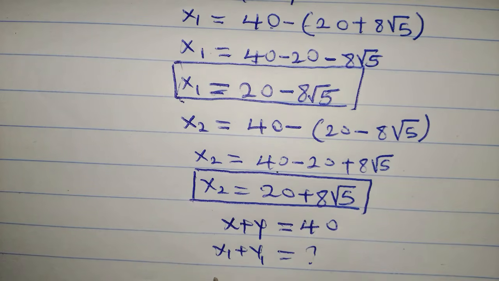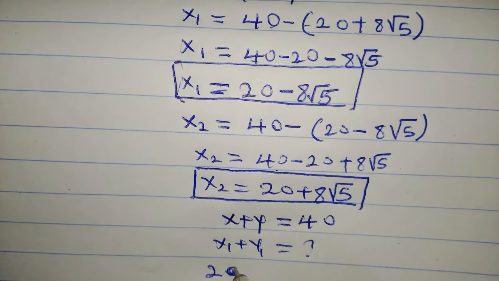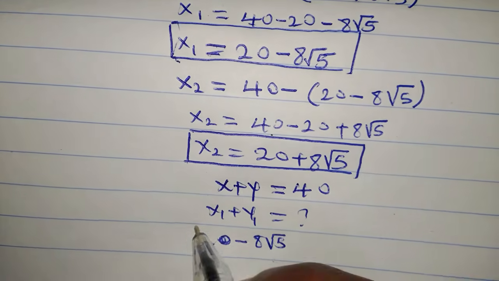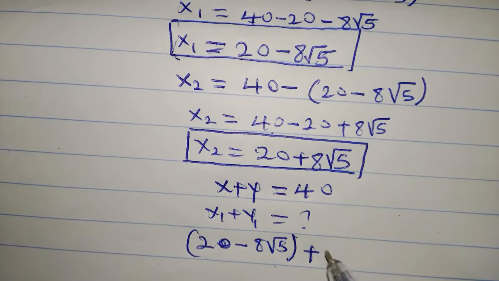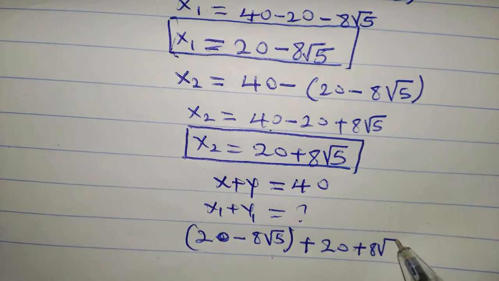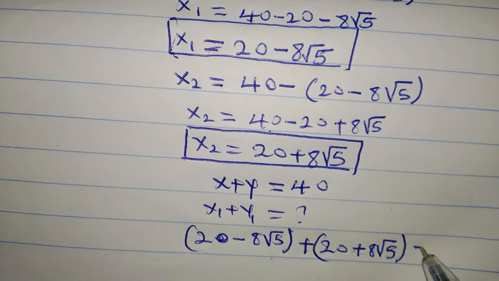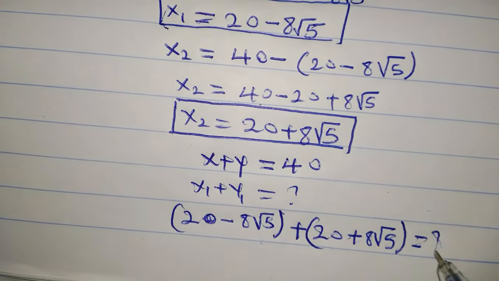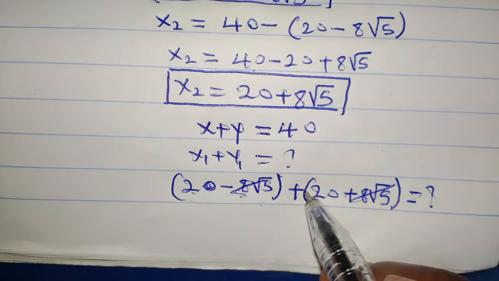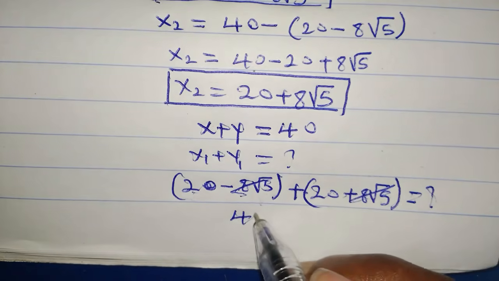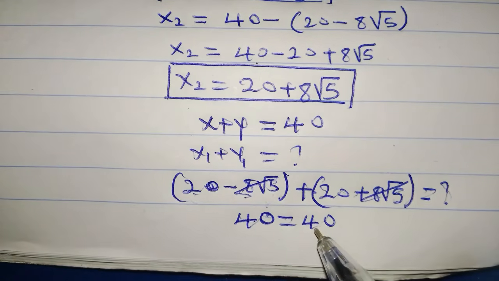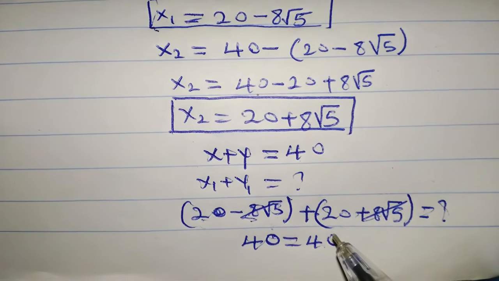We know our x1 to be 20 minus 8 root 5, and plus our y1 to be 20 plus 8 root 5, equals unknown. So from here we can see that this and this will go. So we're having 20 plus 20, which is 40, equals 40. So the value of x and y in this question is correct.